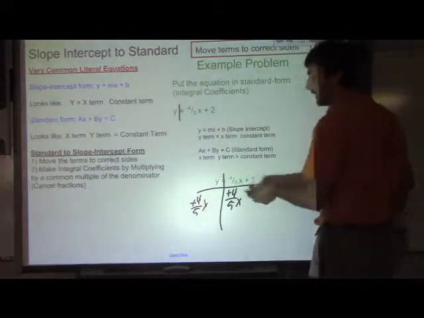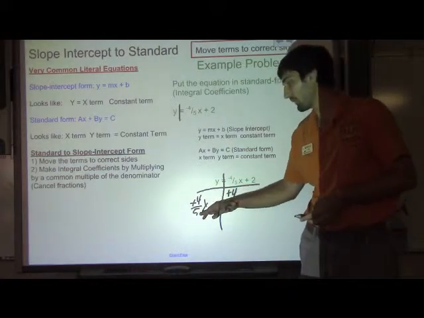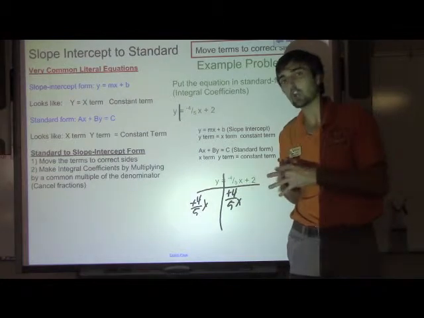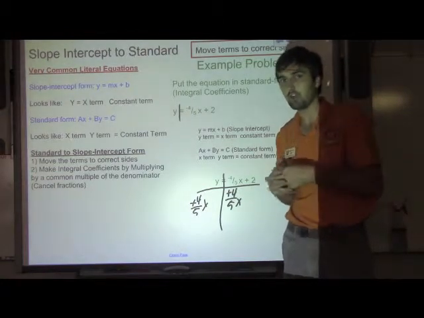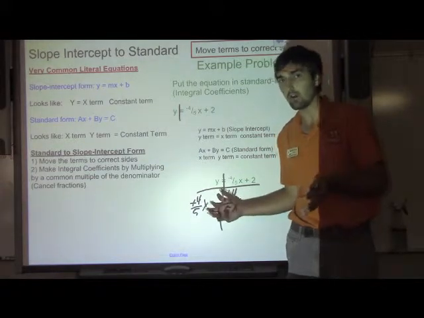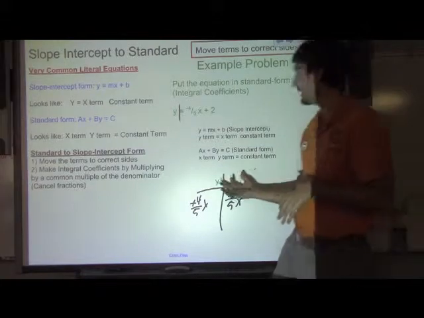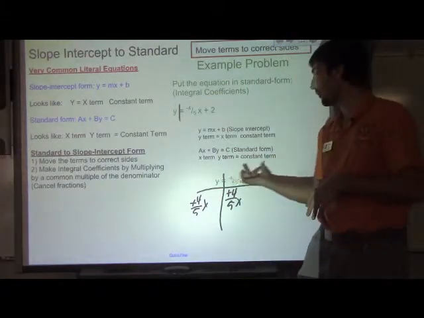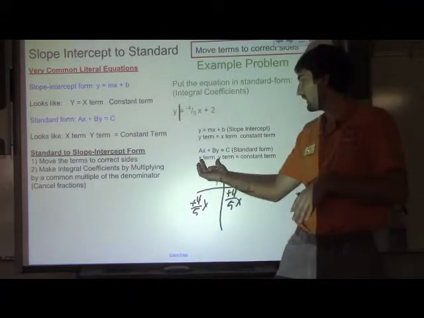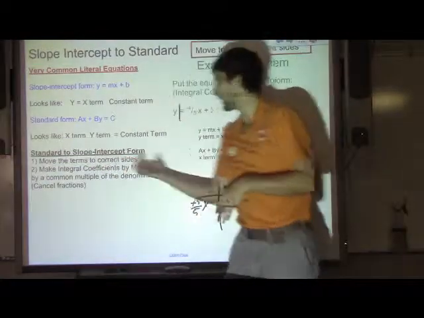All right? So now here's the thing that you want to make sure you don't mess up with. Positive 4/5 x and y, those are not like terms. You can't put them together. You can't make that 4/5 xy. What you can do, though, is write them next to each other. So you ask yourself, what needs to come first? The x or the y? If you look right here, it tells us in standard form, the x term comes first.